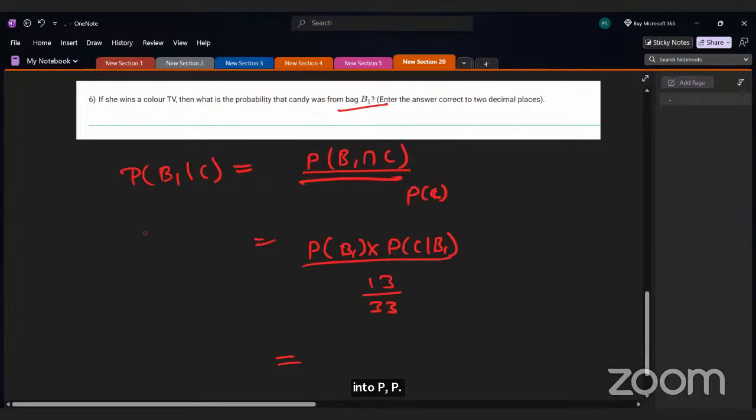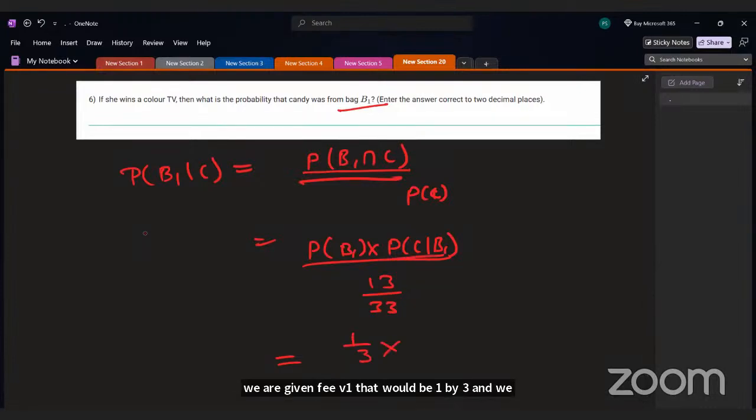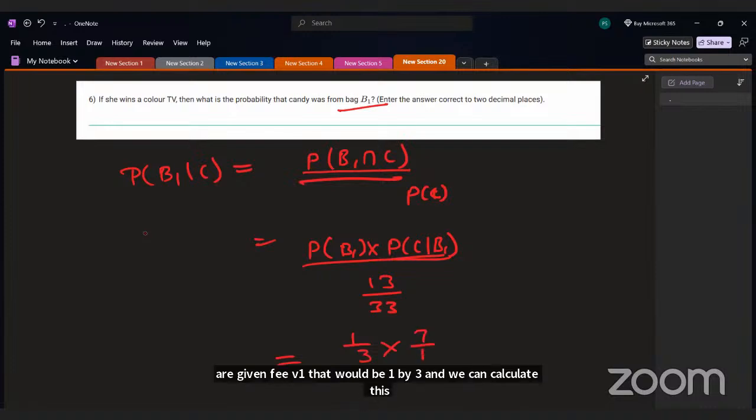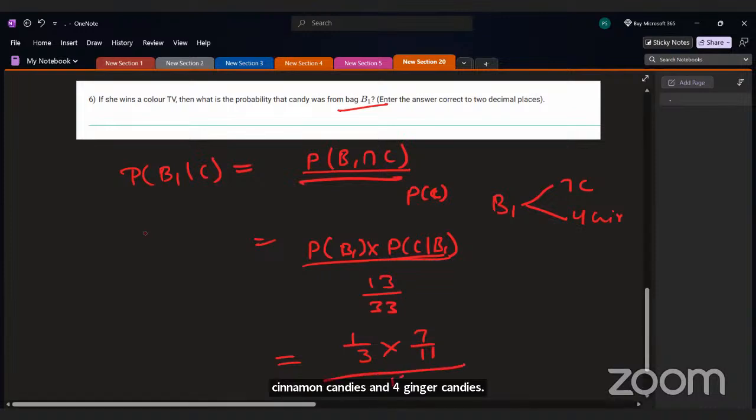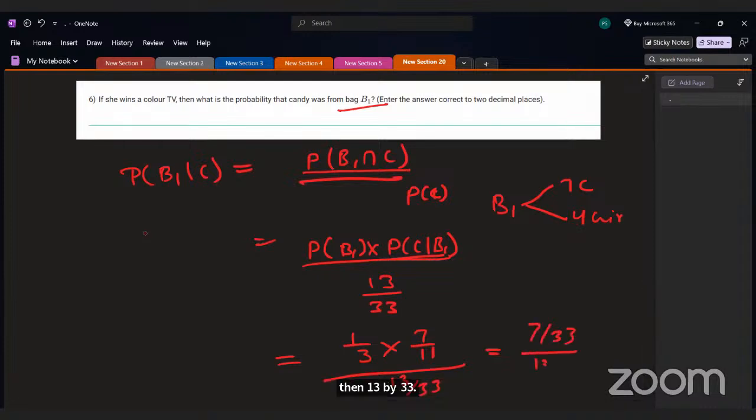We are given P(B1), that will be 1 by 3, and we can calculate this. That will be 7 by 11. In bag 1, we have got 7 cinnamon candies and 4 ginger candies. Then divided by 13 by 33. So we'll get 7 by 33 divided by 13 by 33. This 33 will cancel out, and ultimately we are left with 7 by 13, which is 0.54.